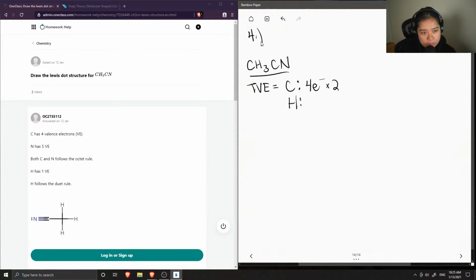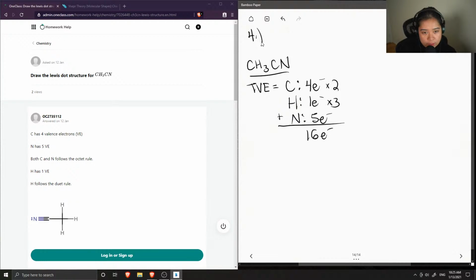Hydrogen contains 1 valence electron, and since there are 3 hydrogens, we multiply that by 3. Then nitrogen just contains 5 valence electrons. So if we add this up, we get a total of 16 valence electrons.